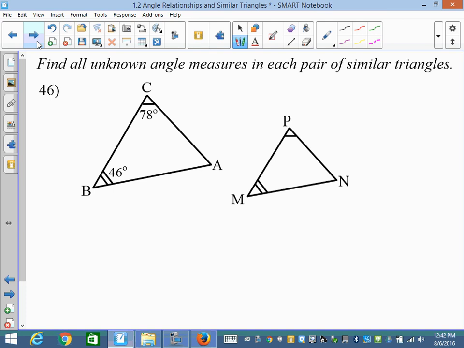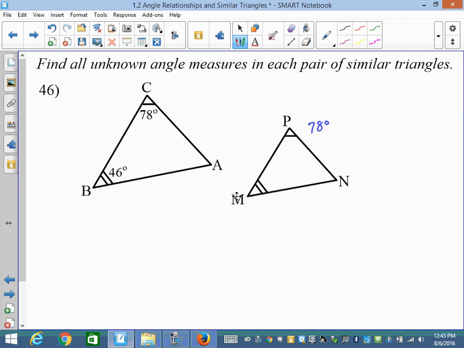Okay, so on the first example, find all unknown angle measures in each pair of similar triangles. And if you remember from geometry, they will show different markings to identify the sides or the angles. Since this has one marking, angle C goes to angle P, so this angle is 78 degrees. 2 markings on this one, 2 markings on this one.